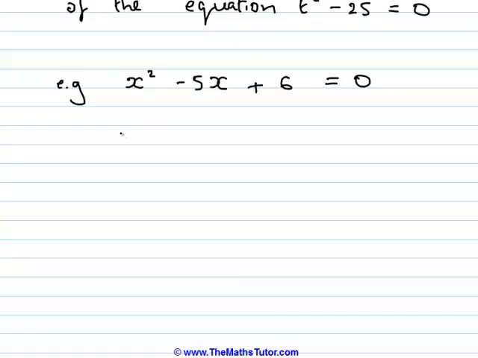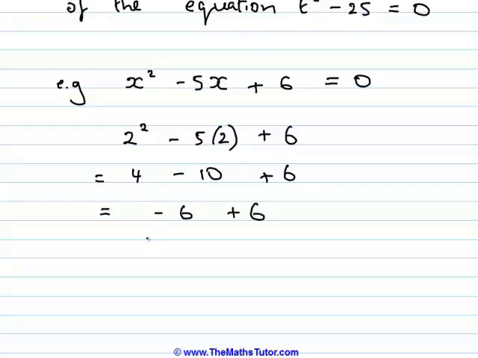It turns out that 2 is the solution of this equation, because 2 squared minus 5 times 2 plus 6 is equal to 4 minus 10 plus 6, which is equal to minus 6 plus 6, which is equal to 0. So 2 is a solution of this equation. 2 is a value that makes this equation true.